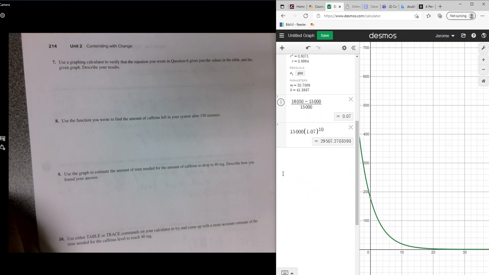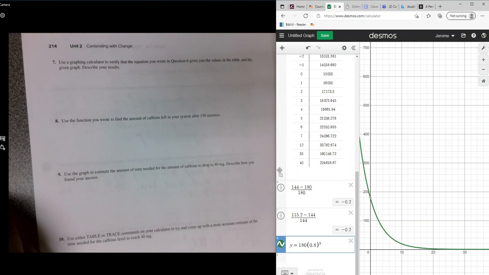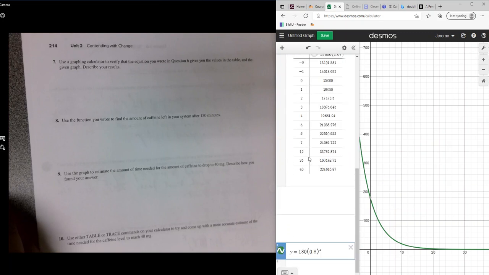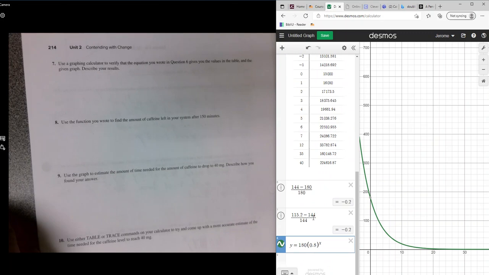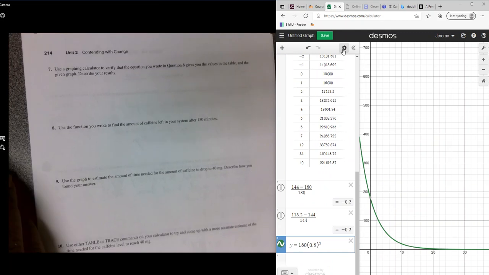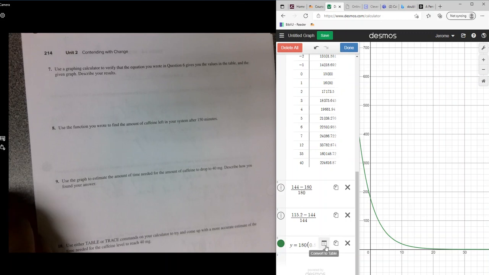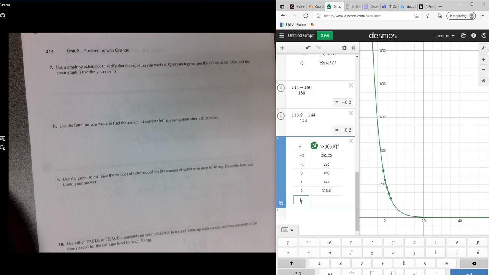So now we want to prove this table just like we did before. You'll hit the wheel and you'll go down here to your equation and hit the table, convert the table. And as you see here, we do have the graph. And then you could put in values. It only went from 0 to 7. So we'll do 3, 4, 5, 6, and 7. And if you notice here, this gives you the exact same amounts if you round to one decimal place, it's page 212.